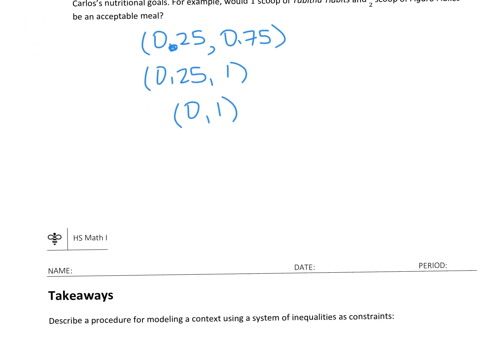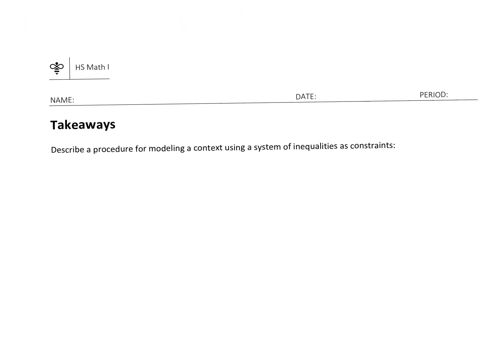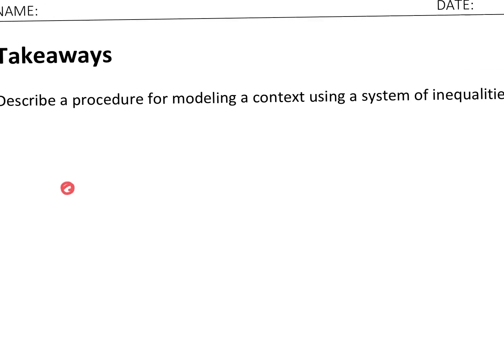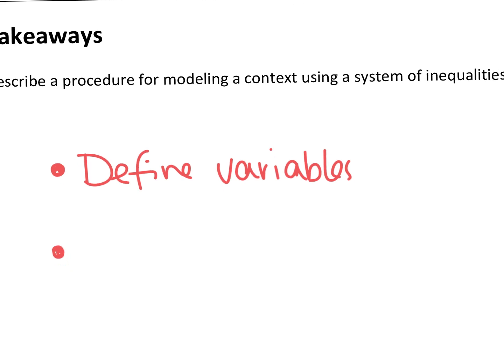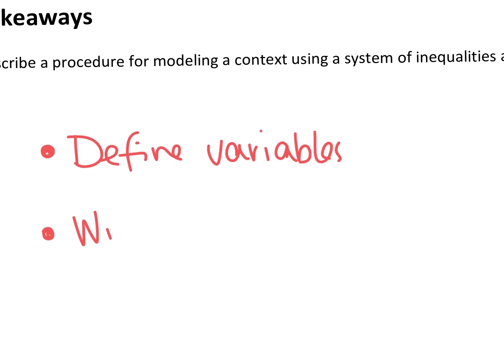The takeaways ask, describe a procedure for modeling a context using a system of inequalities as constraints. Always the first thing you need to do is define your variables. Once you've defined your variables, it's really important to write your inequalities.